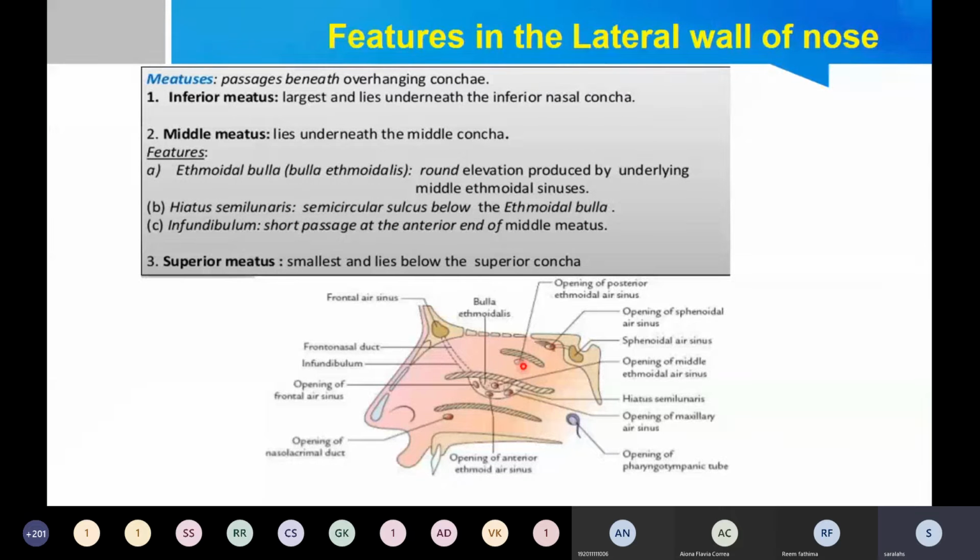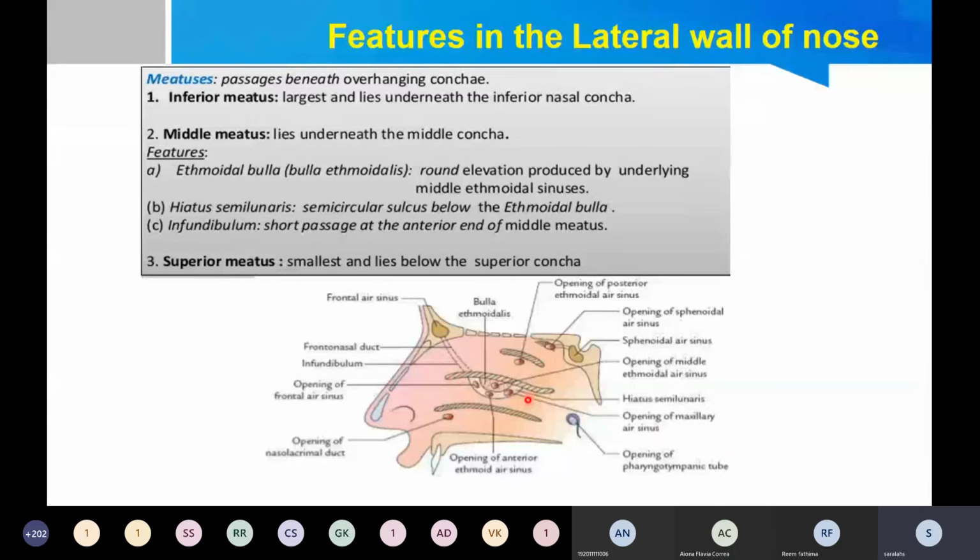Then what is opening into the superior meatus? The superior meatus gives opening for the posterior ethmoidal sinus. I mentioned that in the ethmoidal air sinuses there are 3, anterior, middle, and posterior. So the posterior will drain into the superior meatus.